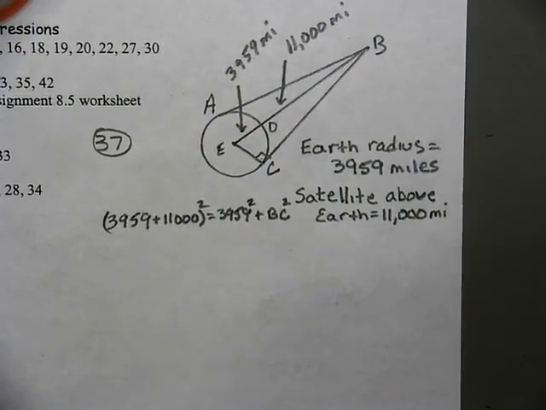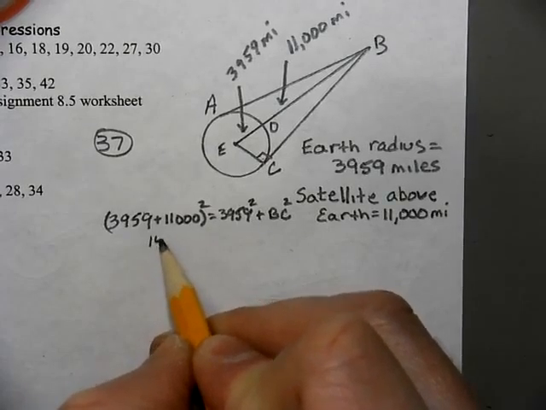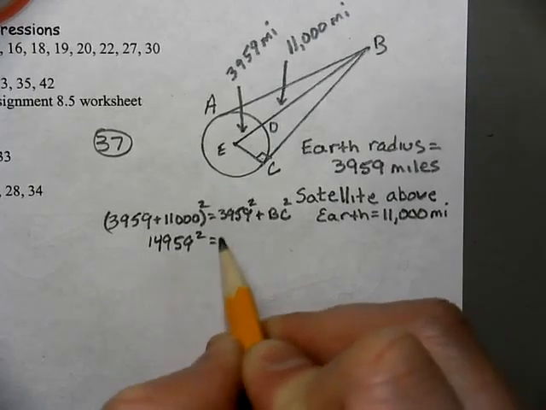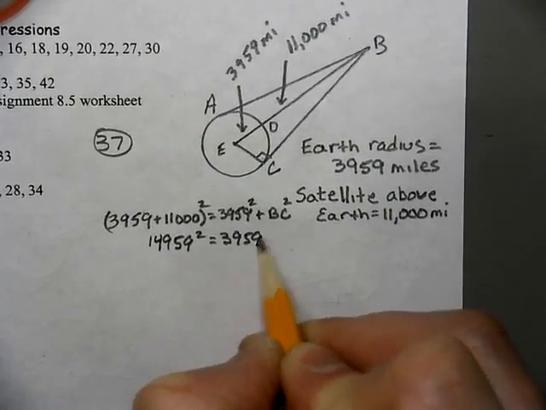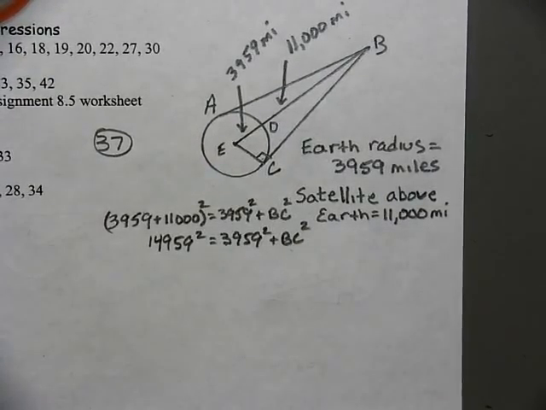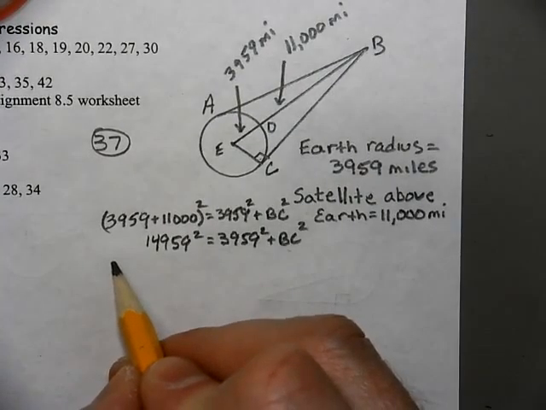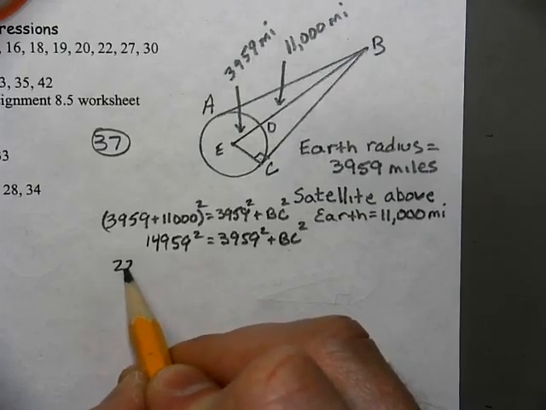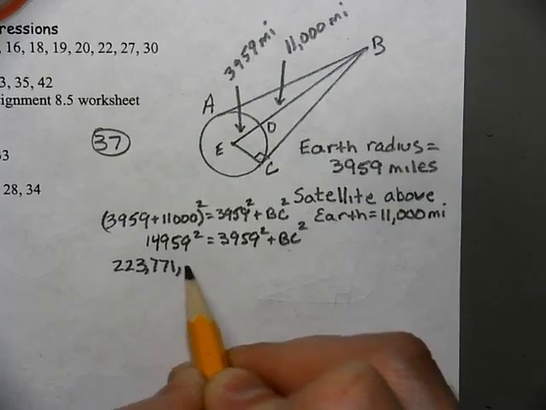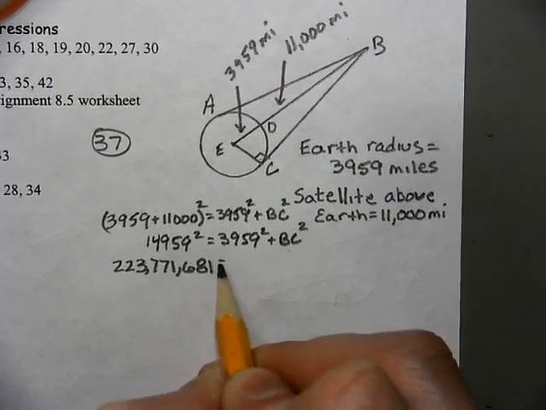Well, when we add this part together, we're going to get 14,959, and that's squared. 3,959, and that's squared. And BC squared. Well, when we square that amount, we're going to get something huge. 223,771,681.